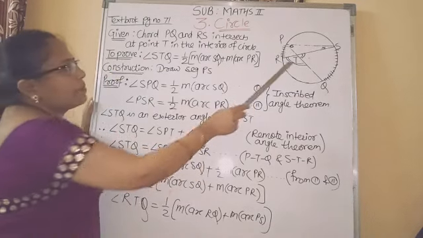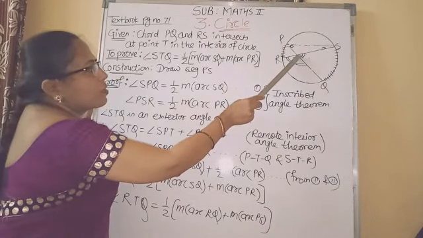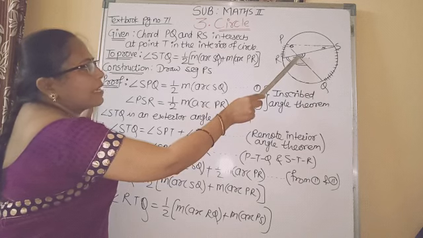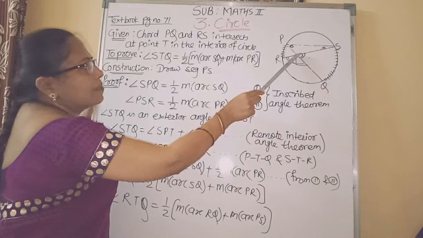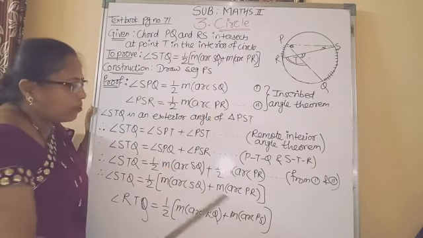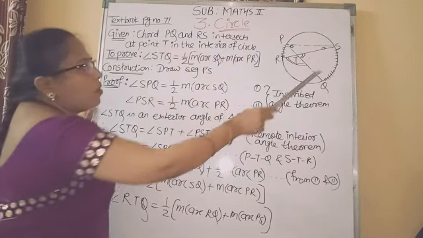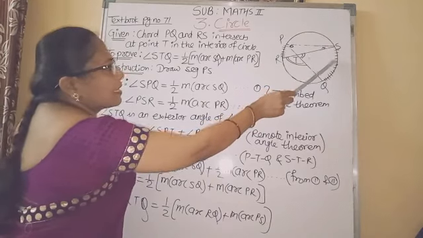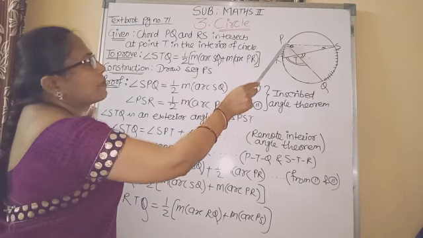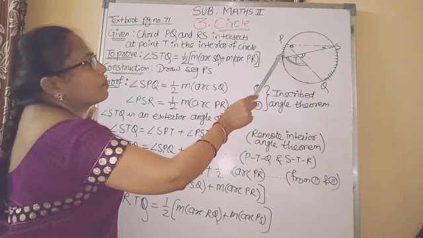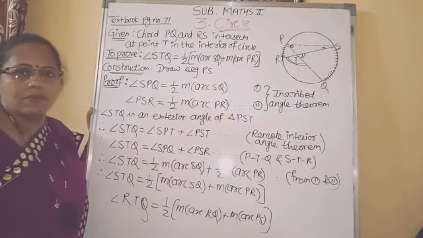Okay. That means if the vertex of the angle is in the interior of the circle, measure of that angle is equal to half into bracket sum of arc intercepted by that angle plus arc intercepted by its vertically opposite angle.